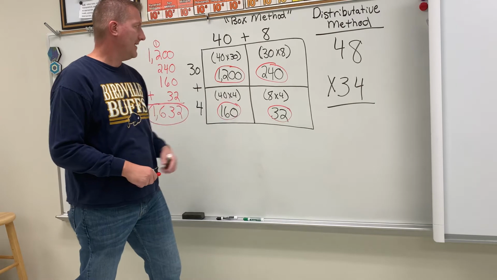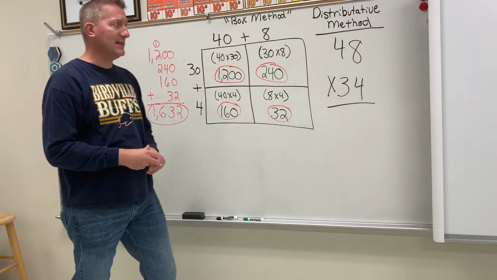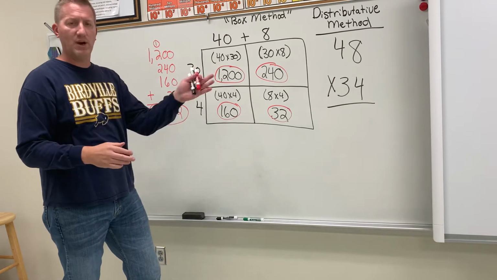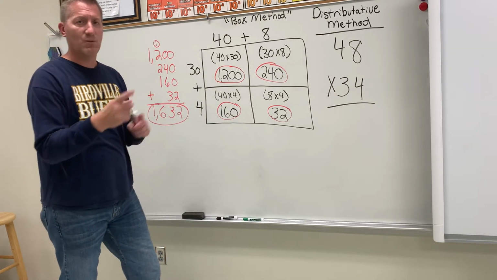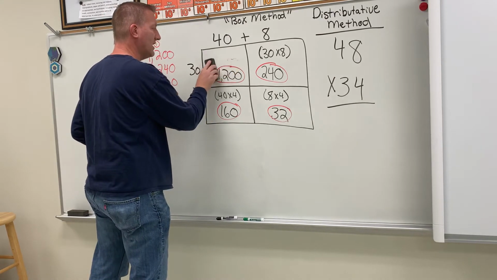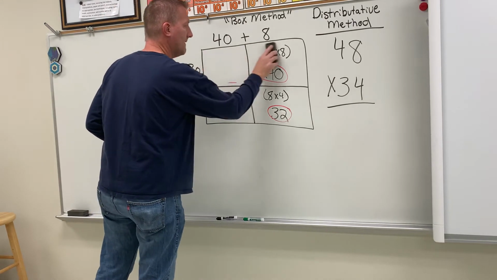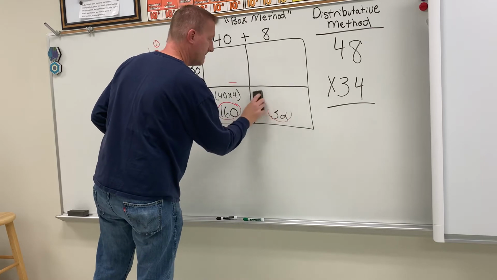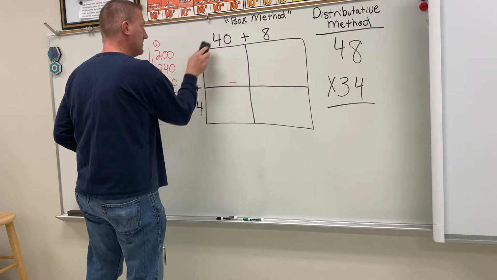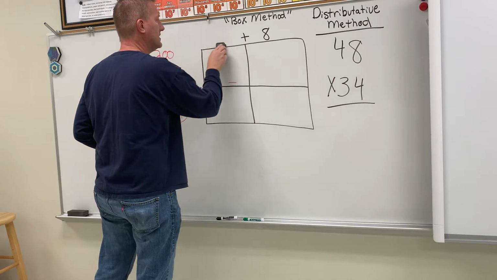Okay, and I'm going to do another one of these. So if you didn't follow this one, I'm going to go ahead and erase these numbers and we'll start another one. Okay, I'm going to erase this, I'm going to erase this.